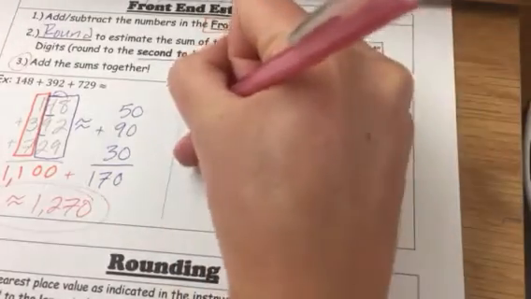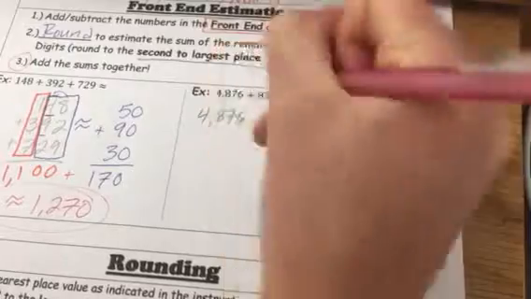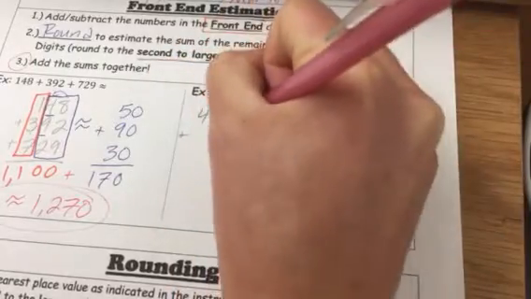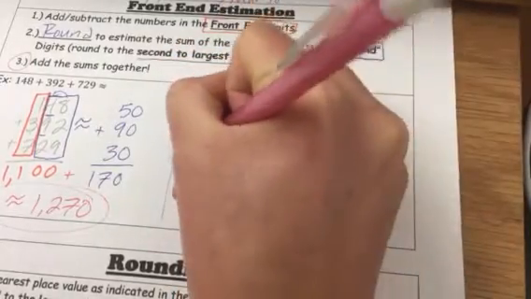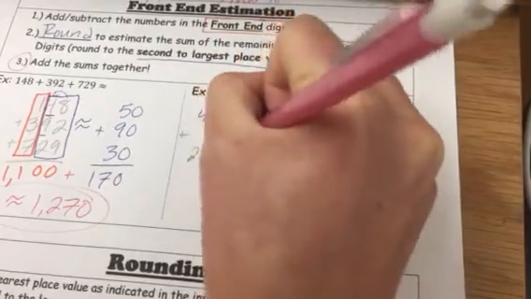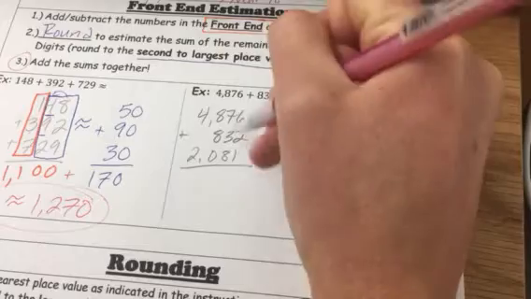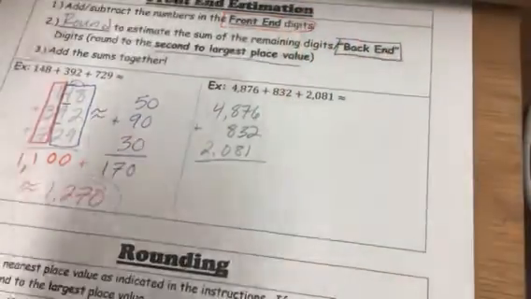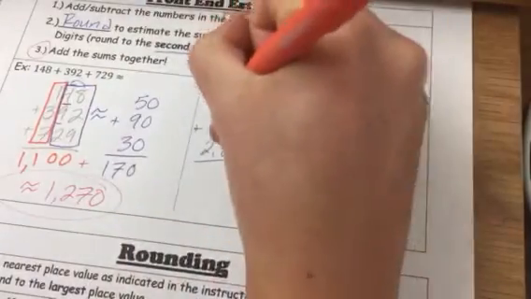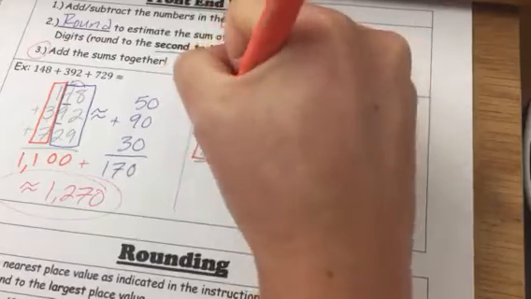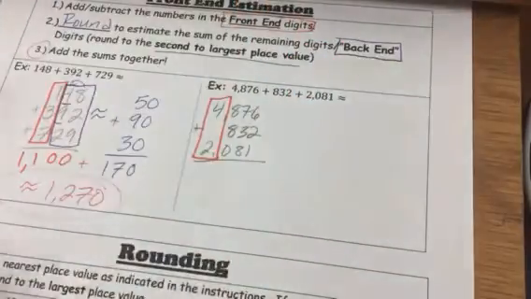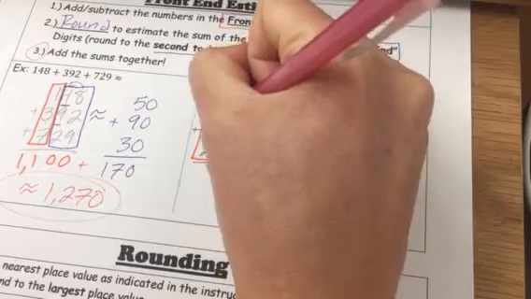Let's do another example together. 4,876, let's go ahead and write that out, 4,876 plus 832 plus 2,081. It's very important that you keep your thousands lined up, your hundreds, tens, and ones. So the first step is we're going to go ahead and look at our front end digits. We've got 4,000 plus, well, essentially 0 thousands.